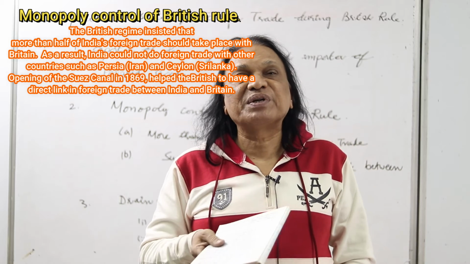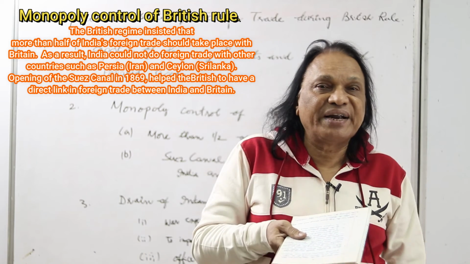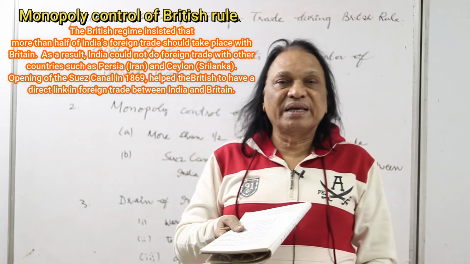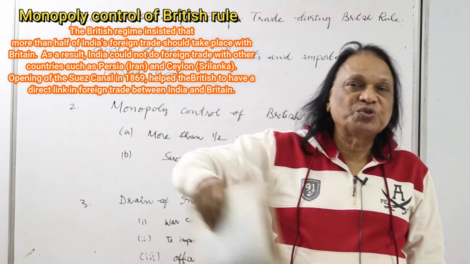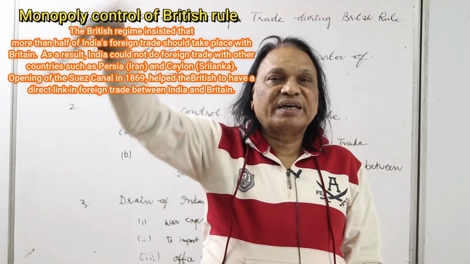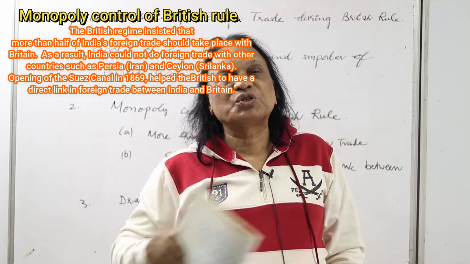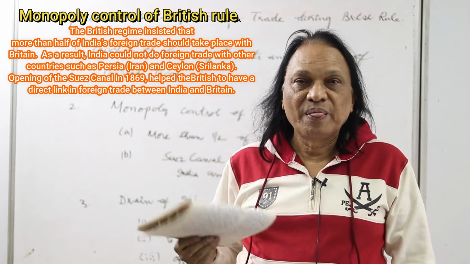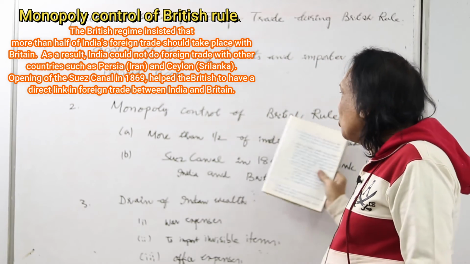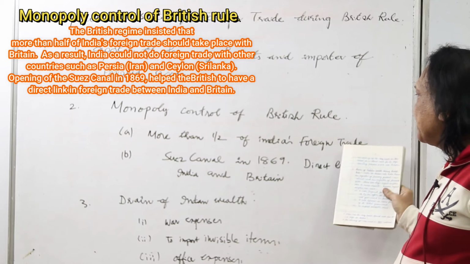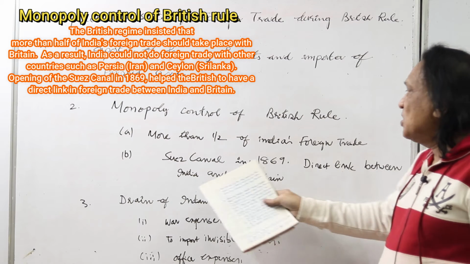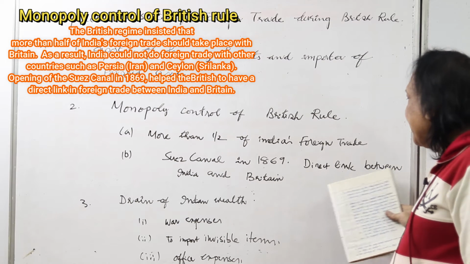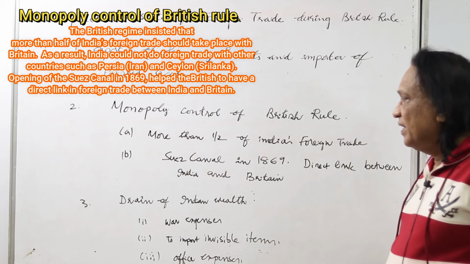That really helped the foreign trade between India and England. That means through the Suez Canal, they used to take our raw materials easily and get the finished goods from there instead of taking a long route. That is another point, monopoly control of British rule. More than half of India's foreign trade used to take place with Britain. Suez Canal in 1869, a direct link between India and Britain.